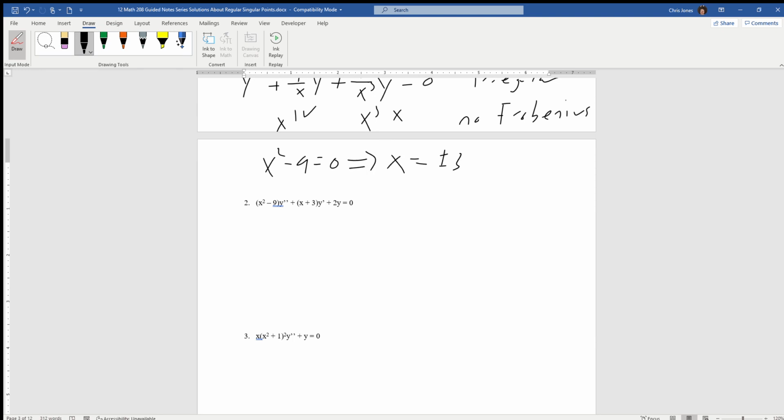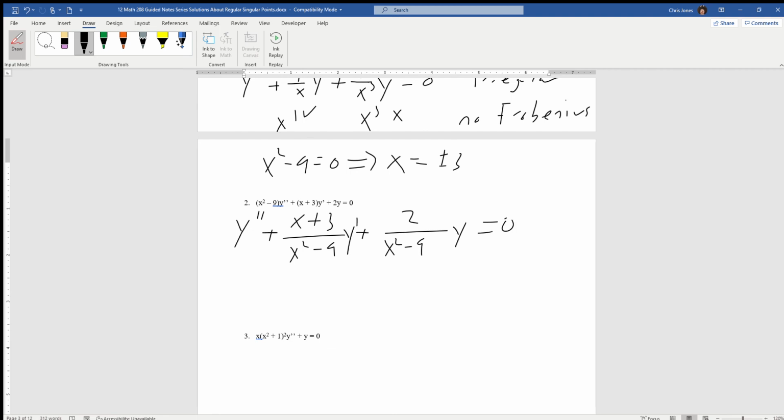We could divide everything by x squared minus 9, so we would get y double prime plus x plus 3 over x squared minus 9 y prime, and I forgot the y prime there, plus 2 over x squared minus 9 y is equal to 0.